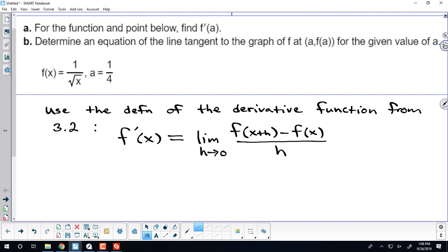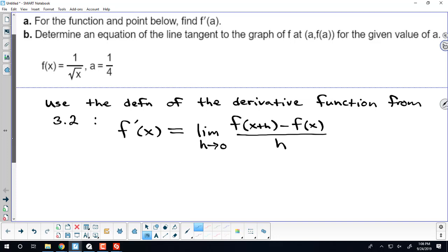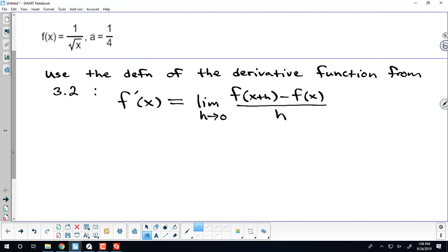So when you have to compute something via the definition, we're going to find what f of x plus h is, put it into this definition, simplify our difference quotient, and then compute the limit as h goes to 0. So our function is 1 over root x, or we could call this x to the negative 1/2.